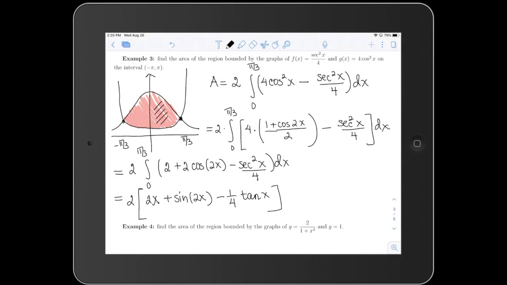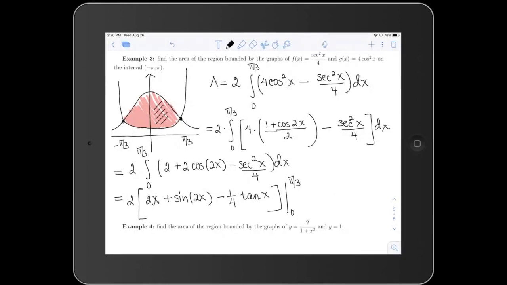Derivative of tangent is secant squared, so the antiderivative of secant squared is tangent. We evaluate this from 0 to pi over 3. So you would plug in pi over 3 for x minus everything evaluated at 0. Now sine of 0 is thankfully 0. Tangent of 0 is also 0. So at 0, everything vanishes.